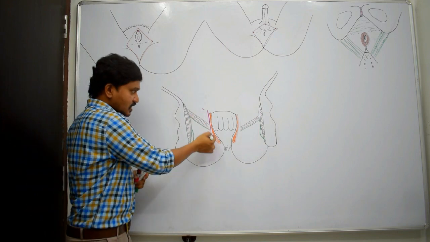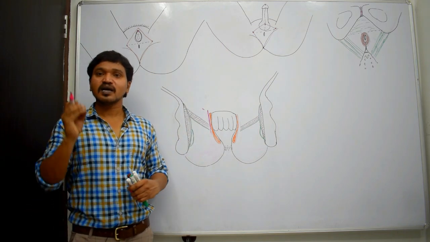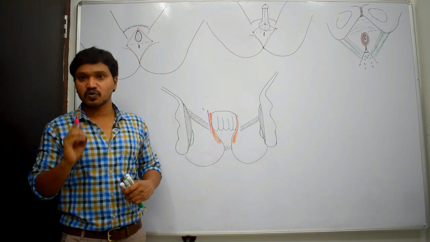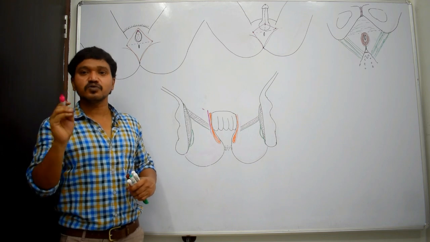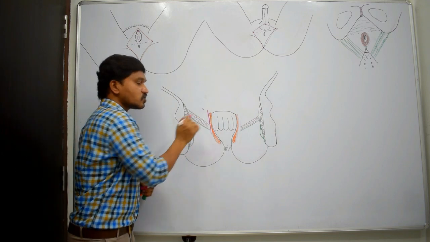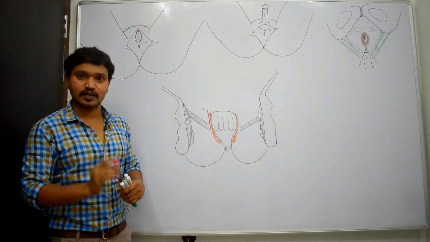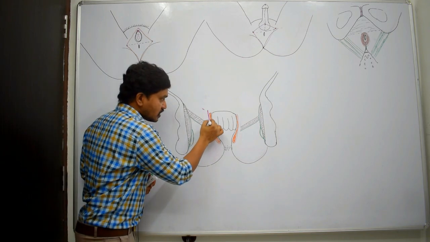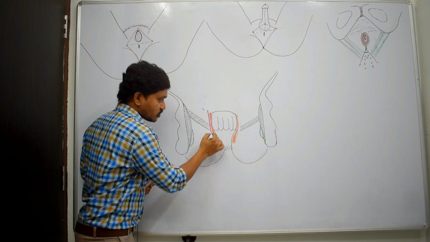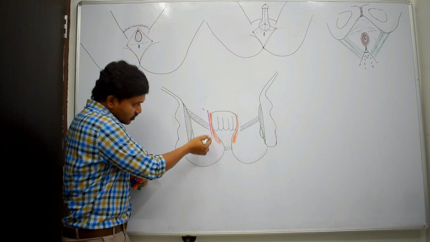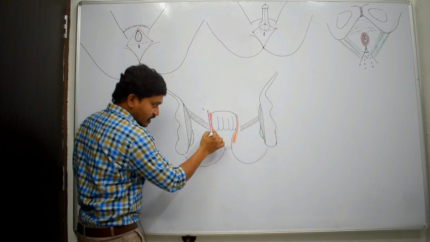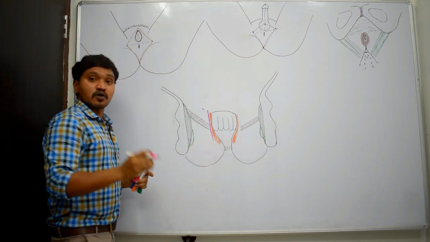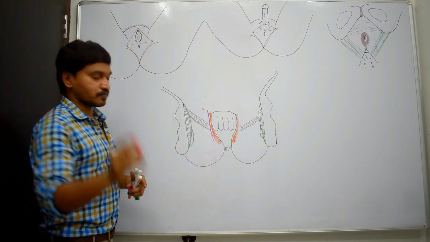Actually, this longitudinal coat, what we are calling conjoined longitudinal coat, because it is formed by union of puborectalis and longitudinal muscle coat of rectum and anal canal. So this is conjoined longitudinal coat.